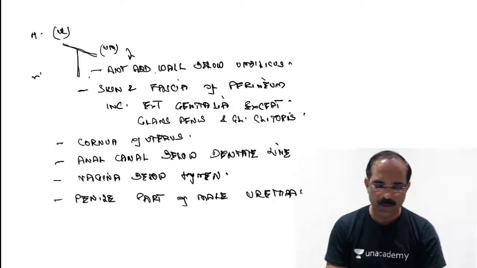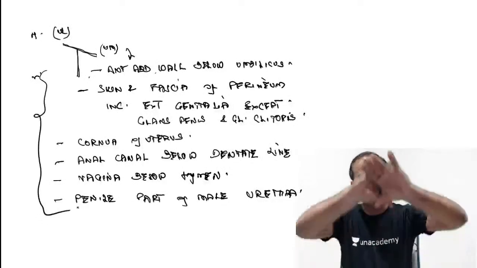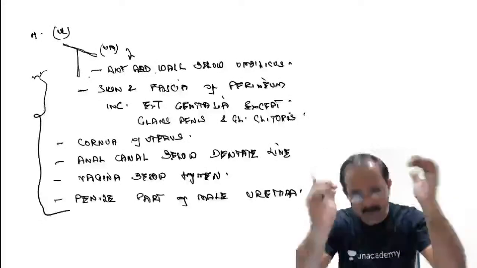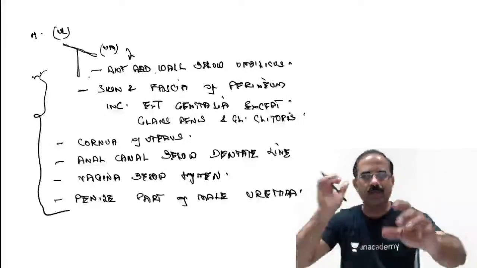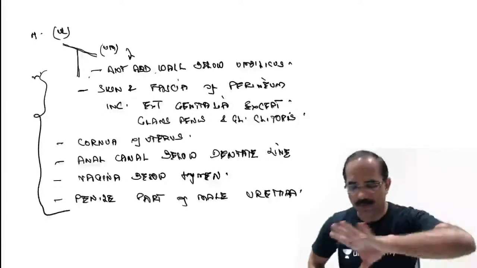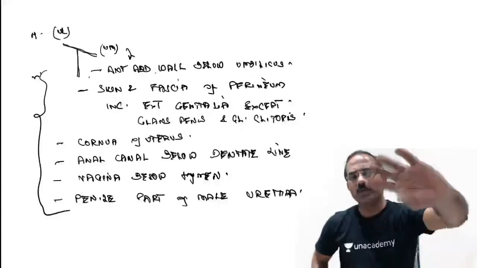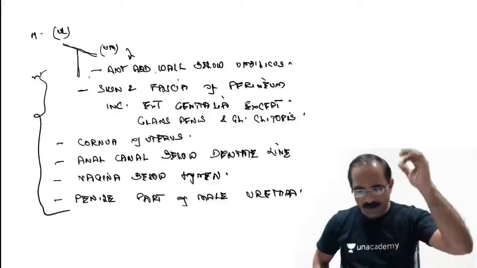Penile part of male urethra. Now this you have to know. This is something that you should know all the time. An MCQ can come anytime on this topic. Any type of MCQ can be asked on this topic. A clinical MCQ, look how it is going to be.